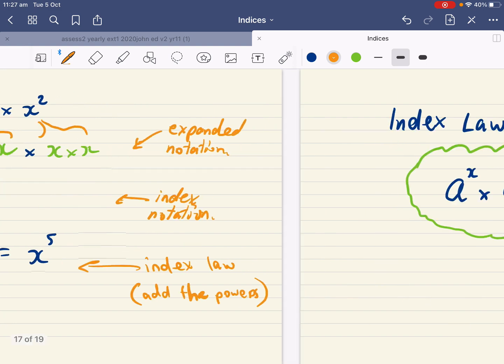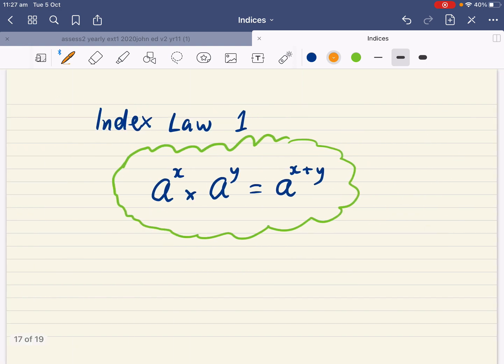All right, so now that we've seen one example of how we would solve these sorts of questions using expanded and then index notation, and we've seen how by using index law number 1, you can actually shortcut and cut out that working out step, here is officially index law number 1.